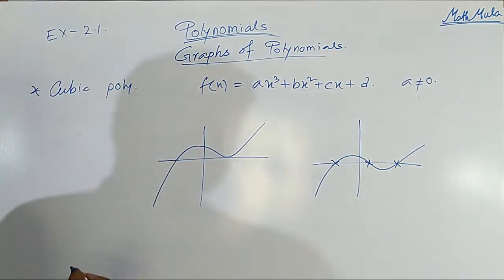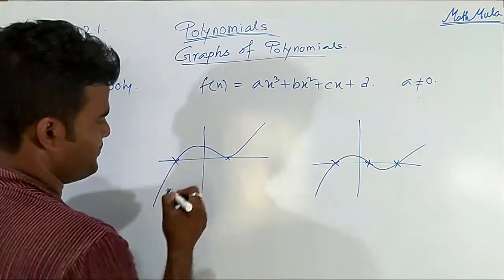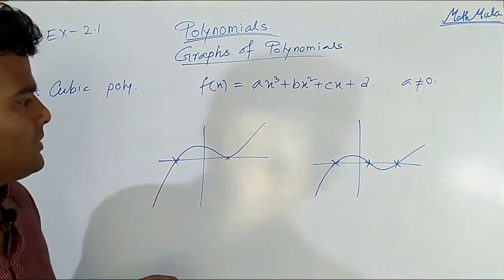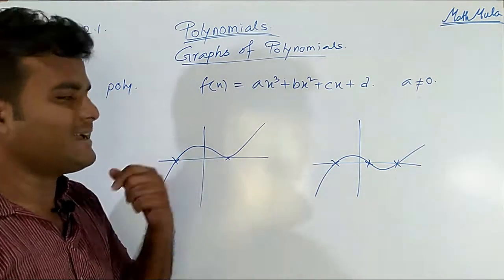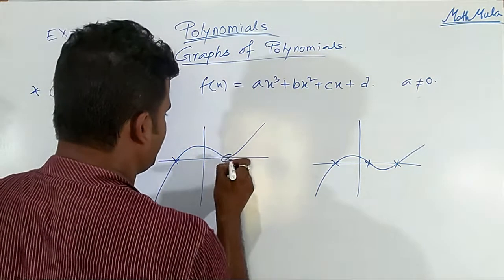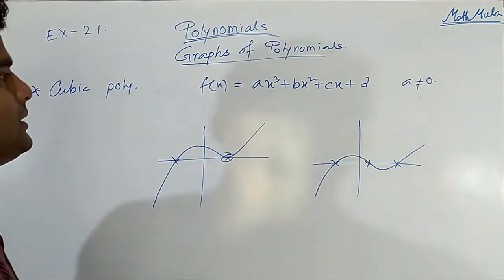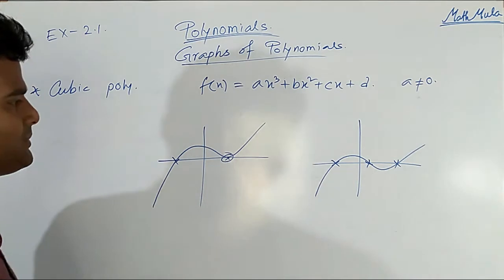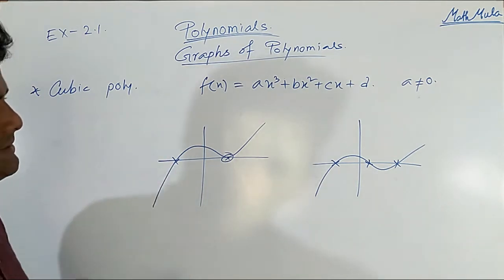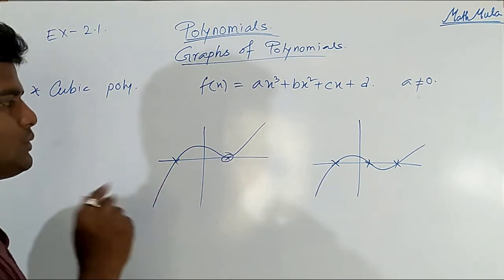There are also 3 zeros because 1 zero here and 2 zeros here. Now when any polynomial touches the x-axis at some point, there exist two equal zeros. For any curve, it may be cubic, biquadratic, or quadratic, if it touches the x-axis at some point, then there exist two equal zeros.